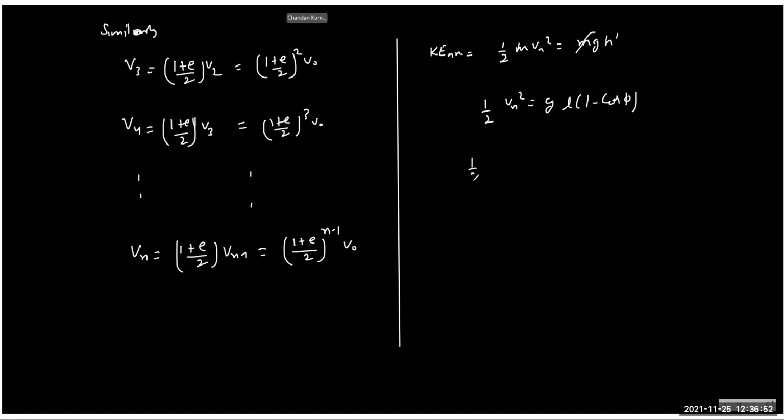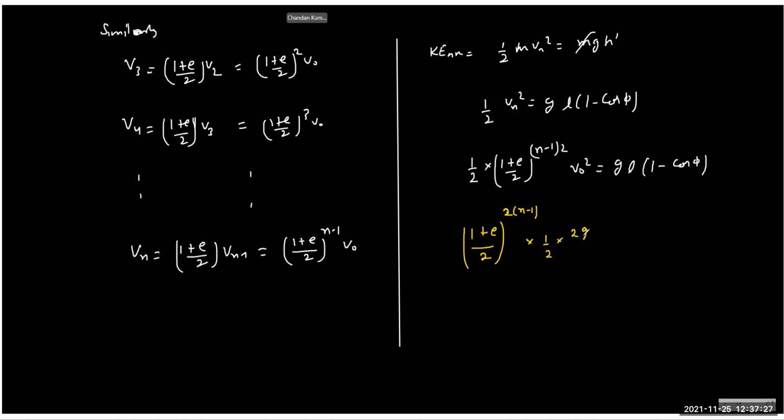And now Vn square is how much? ((1 plus e) by 2) power (n minus 1) into 2, because powers get multiplied, into V naught square, which is 2 g L times (1 minus cos theta). So this becomes (1 plus e) by 2 power 2(n minus 1) times (1 minus cos theta).